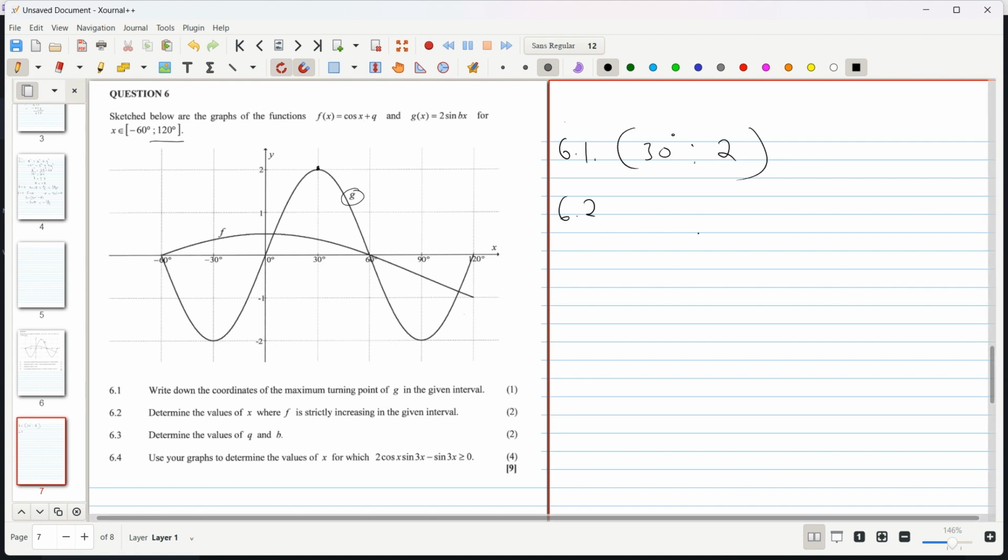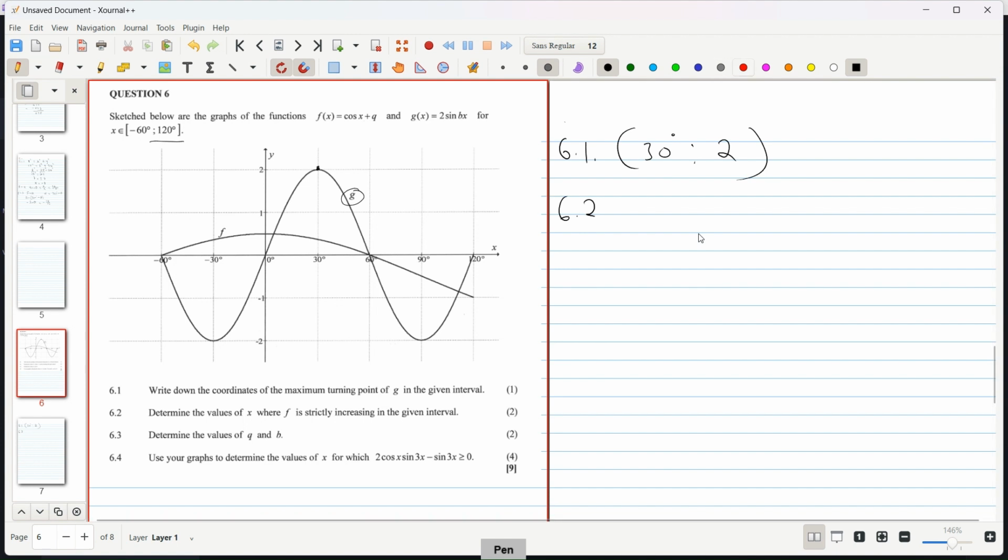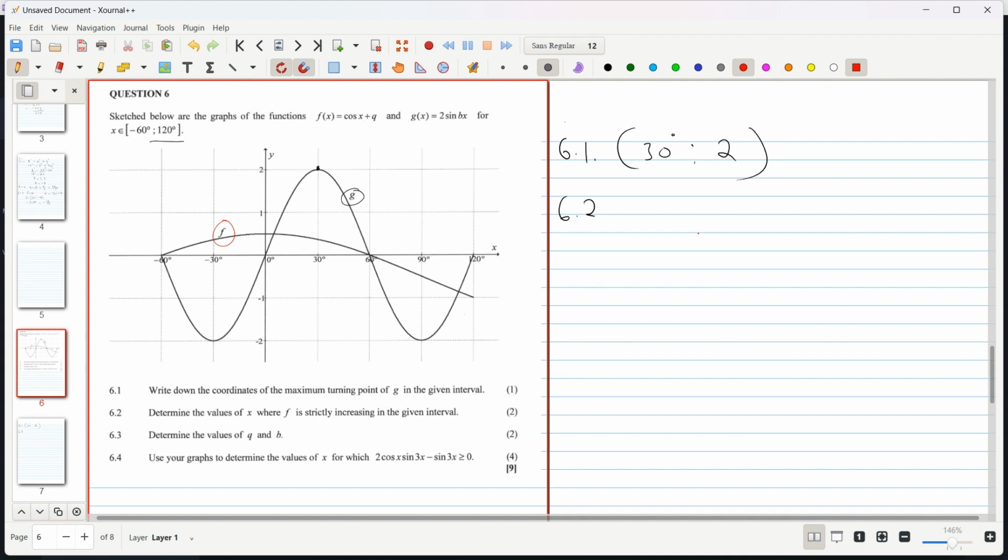For 6.2, they ask us to determine the values for x where f is strictly increasing in the given interval. We can see our f here. This is our f. Where is our f increasing? We can see f is increasing, and it reaches the maximum point here, and then it begins to decrease.